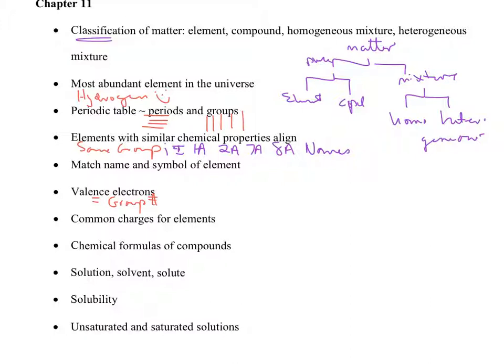So I'll just briefly remind you. +1, +2 is 2A, +3 is 3A, and then I usually skip and go backwards from right to left again from 7A. So 7A, you guys would have put a -1, for the halogens. You would put a -2 next to 6A. And for 5A, you would put a -3.